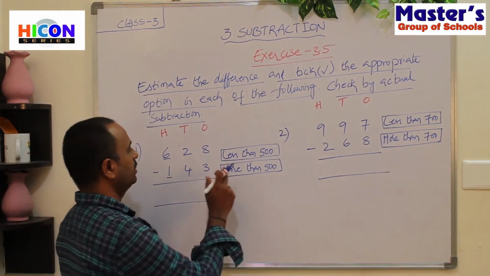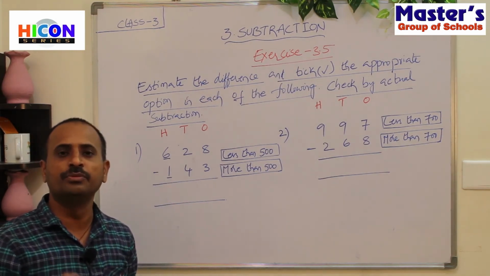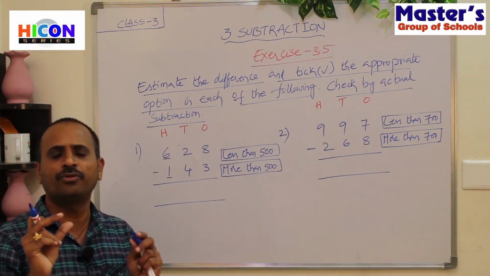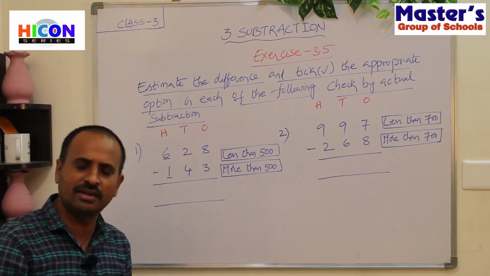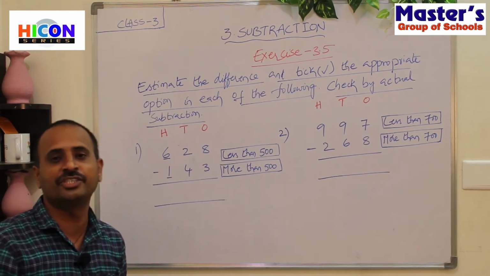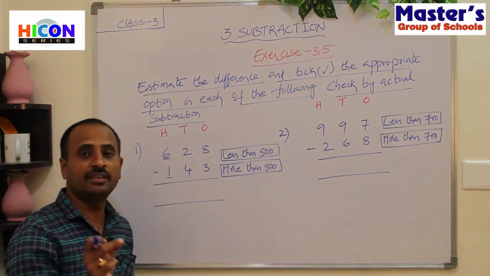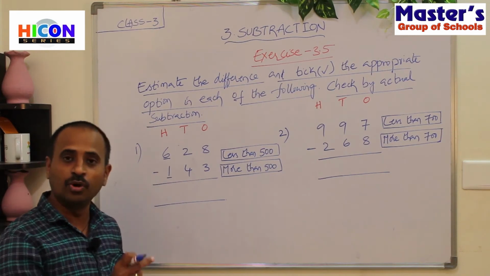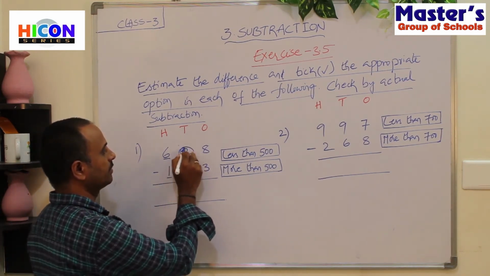So next to estimation, children, remember this point. The simple trick we have to follow is, we can easily estimate whether the difference is less than or greater than. How can we easily estimate? By using a simple technique, that is, check the second digit in both the numbers. What is the second digit here? 2.